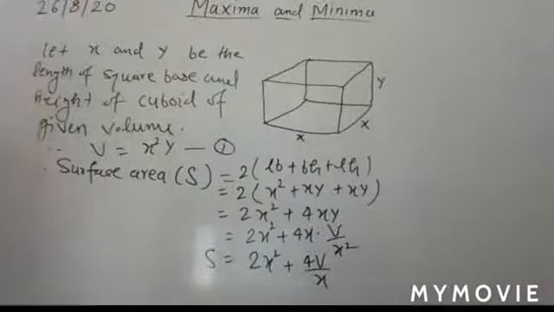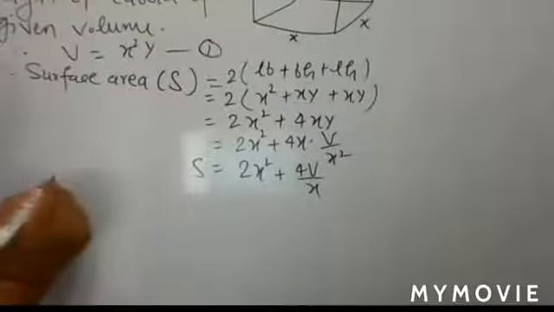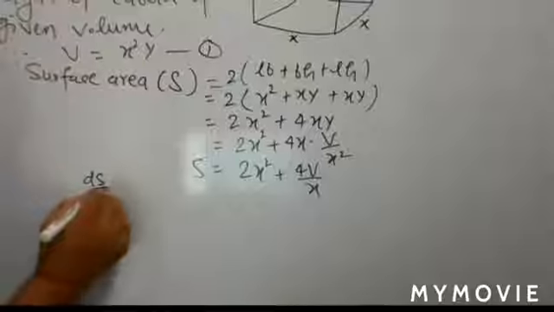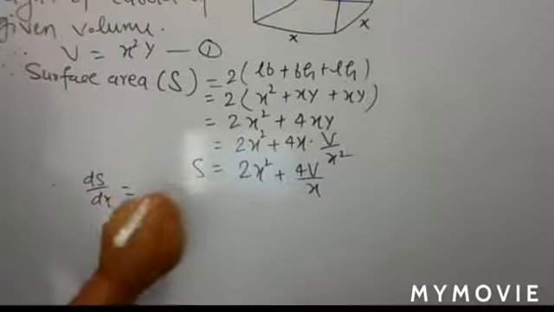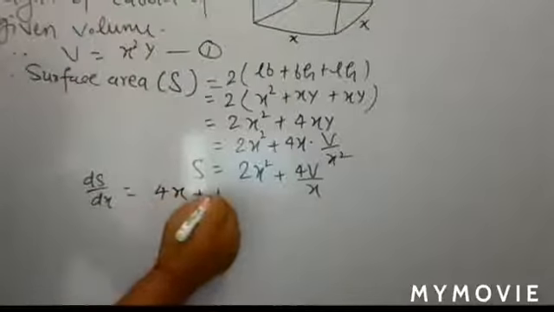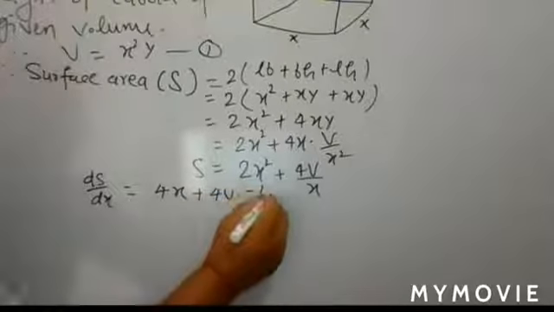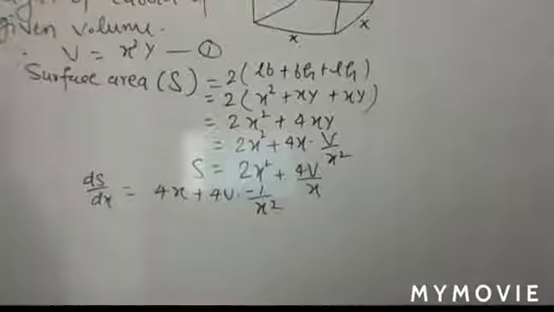Okay, now proceed. Here you take your first derivative, ds by dx. ds by dx is equal to 4x plus 4v into minus 1 by x square. Understand?